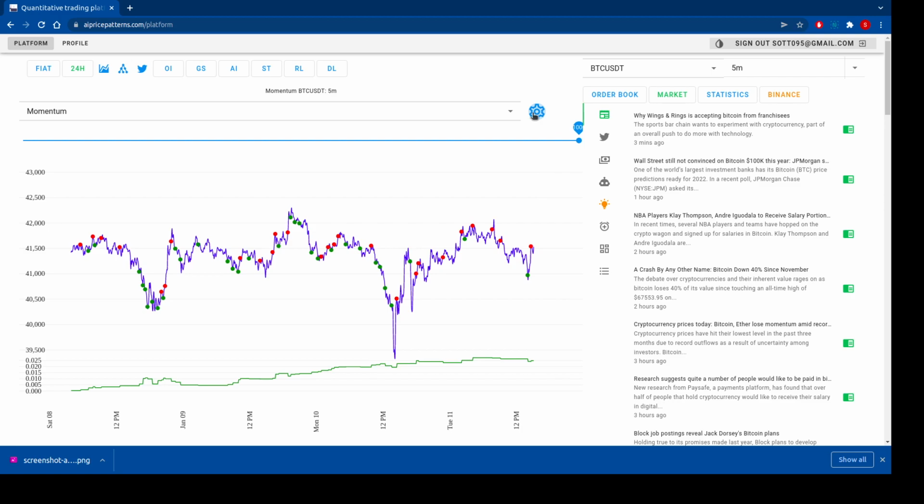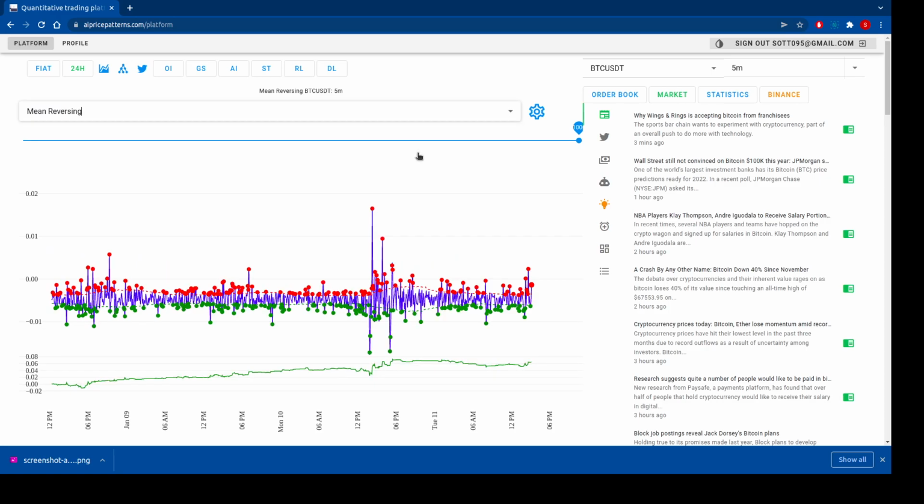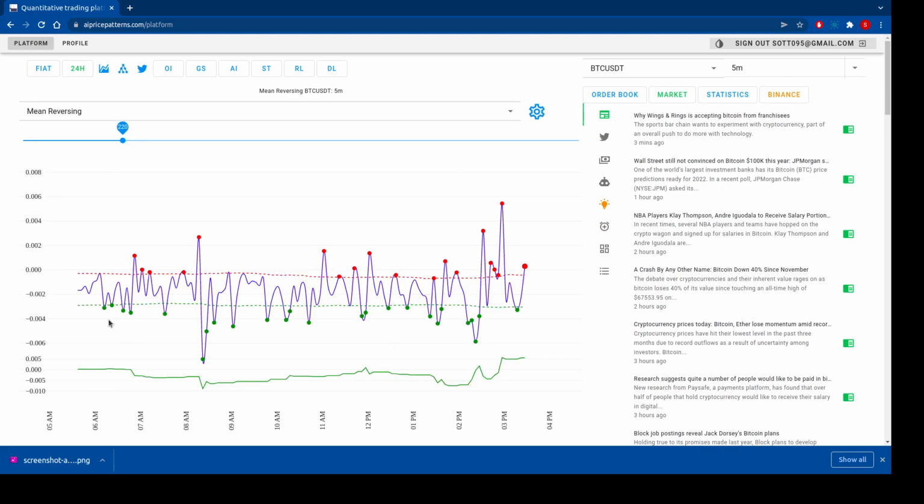For example, another strategy that I'm using is mean reversing. Mean reversing means we have some percent change of the market, and this is a very popular strategy among quantitative traders.